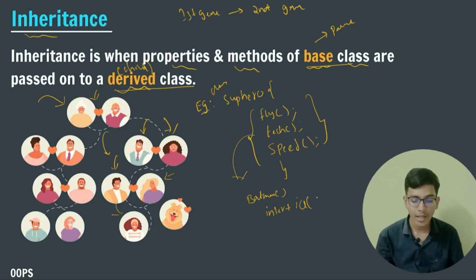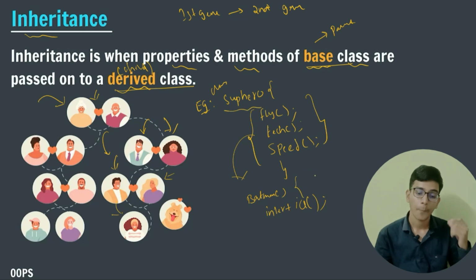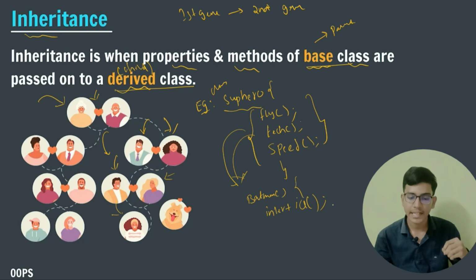So Batman has additionally one feature, one function, that is IQ. So superhero is the base class or parent class. From that a child class got inherited, that is Batman, along with all the properties and functions that superhero has, along with the additional property Batman has, that is IQ.